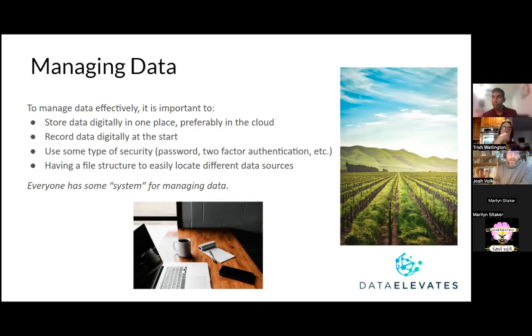I wanted to push back just a little bit on that second point of recording data digitally at the start for the small farm, and particularly for the very small farm. I think that in many cases it's unrealistic, and your point is good that it's less likely to get entered. But I think it's unlikely to get entered at all if that is the hurdle that people have to get over.